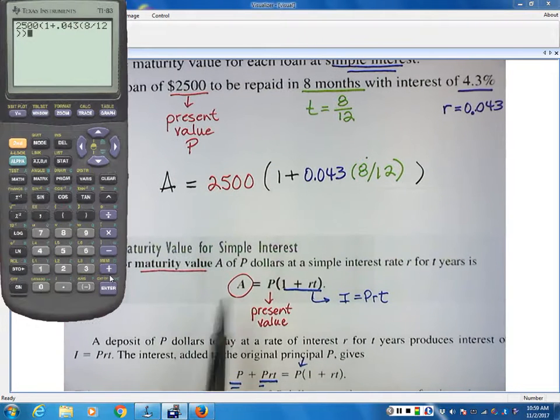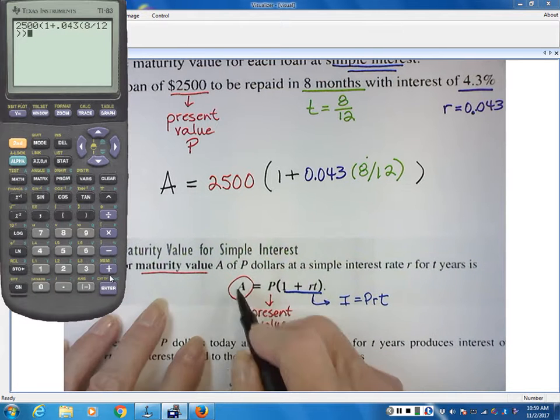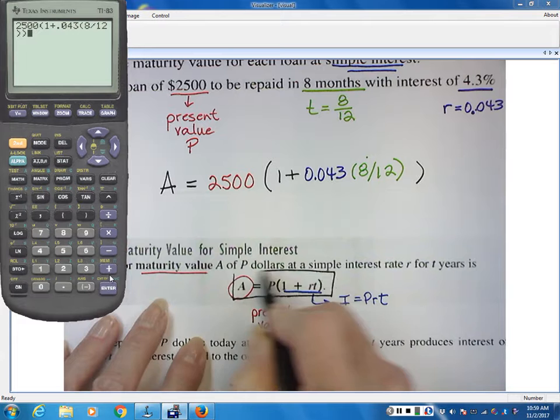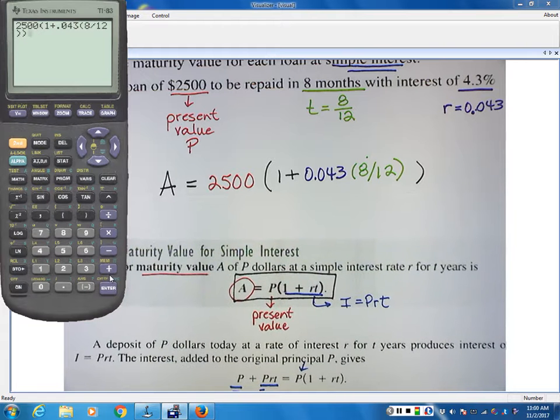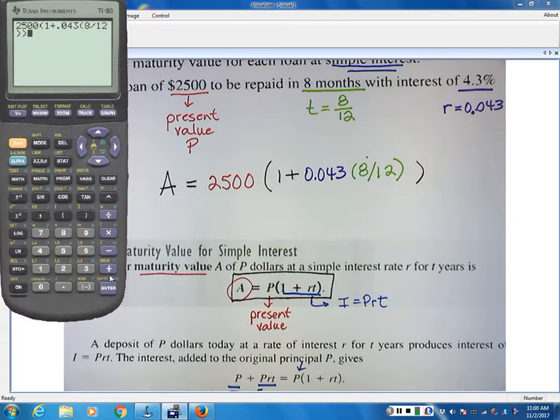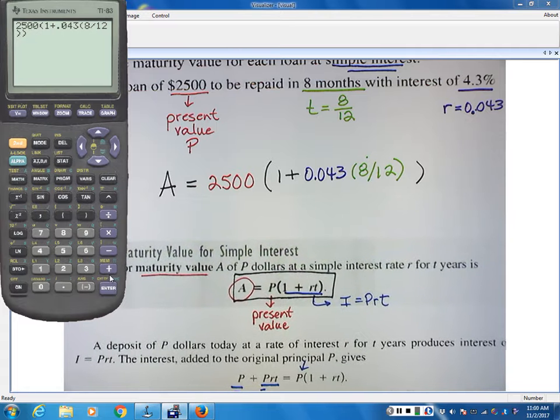So that's this formula. Okay? I will give you the simple interest rate formulas on the test, but you won't need a lot of the other formulas.